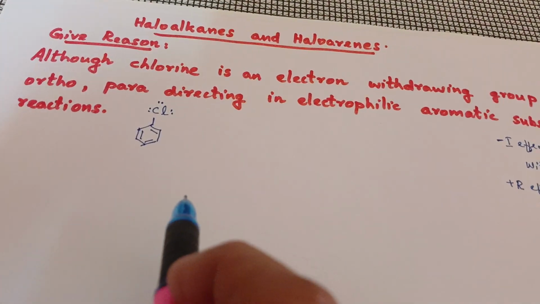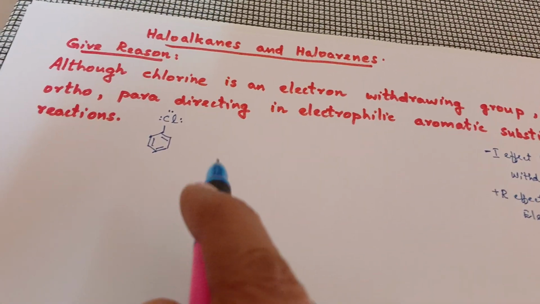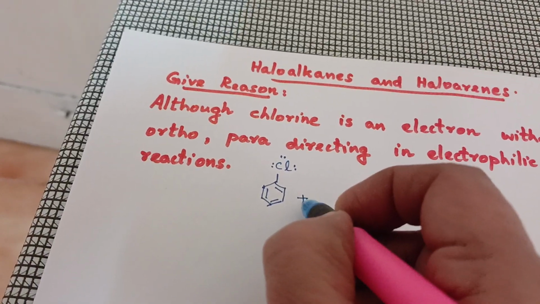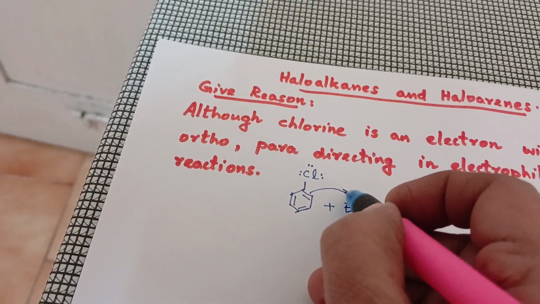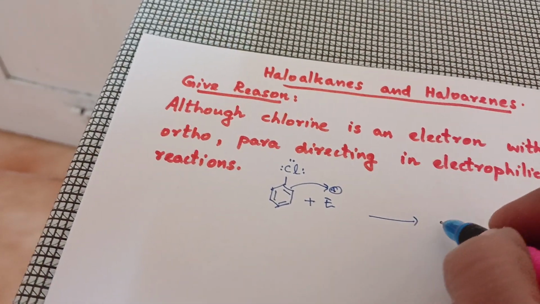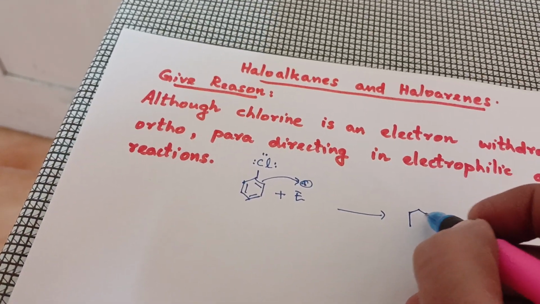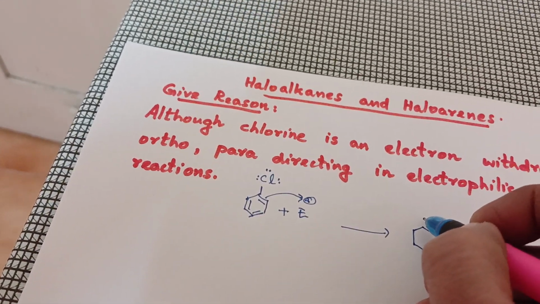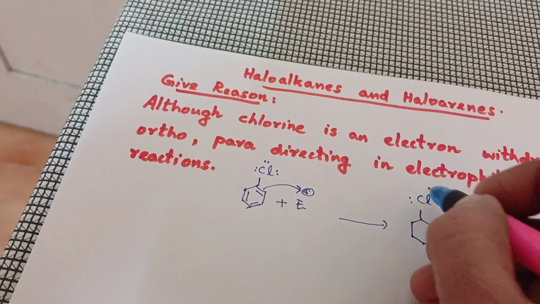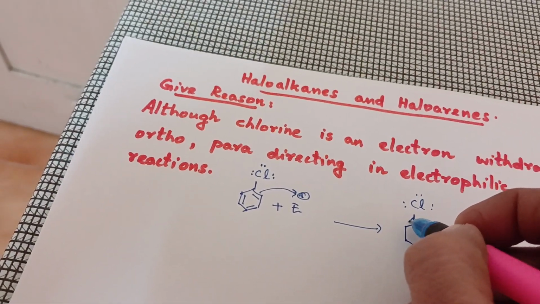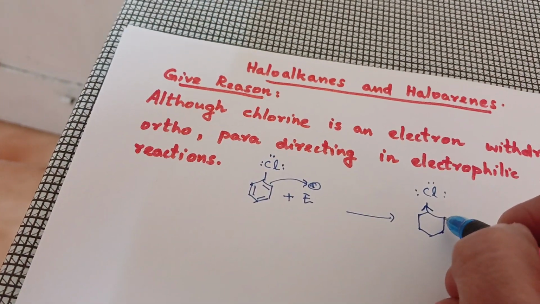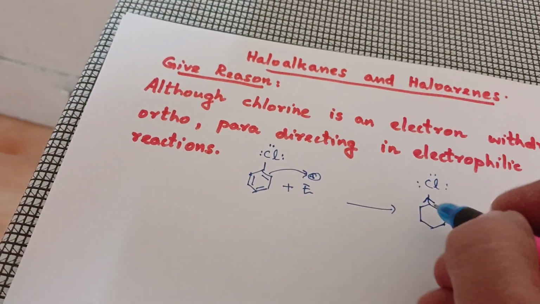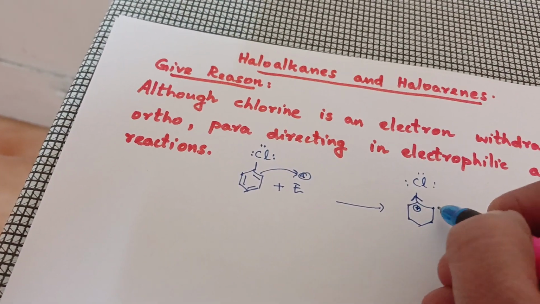Now, because of the inductive effect, let us see what happens. Say you have an electrophile like this. Chlorine here is withdrawing electrons from the ring, and you have a carbocation like this.